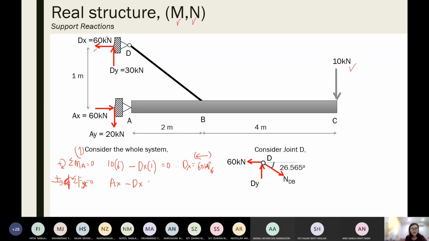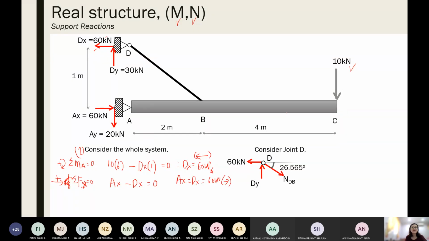We don't have any others, so we can directly put equal to 0. So Ax is equal to Dx is equal to 60 kilonewton. Again, this is positive, meaning that our assumed direction is correct. So now we have Dx and Ax solved, but we cannot solve for Ay and Dy for this whole system.